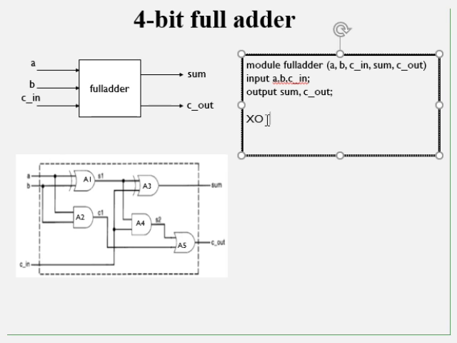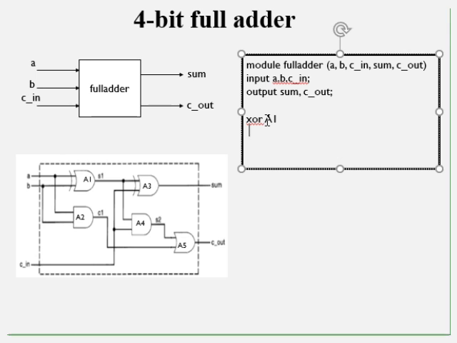So the first XOR gate is A1, and I have one more XOR gate, that is A3. First we'll write the port list for A1. To A1 the inputs are A and B and the output is S1.